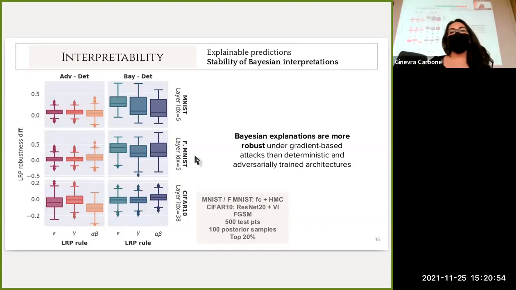Here we are analyzing a different data set in each row. The first one is MNIST, then we have fashion MNIST and CIFAR 10. And for simplicity here, I'm always showing the last representation, so the traditional definition of LRP robustness in the last layer. In general, we notice that Bayesian explanations are more stable also in practice.